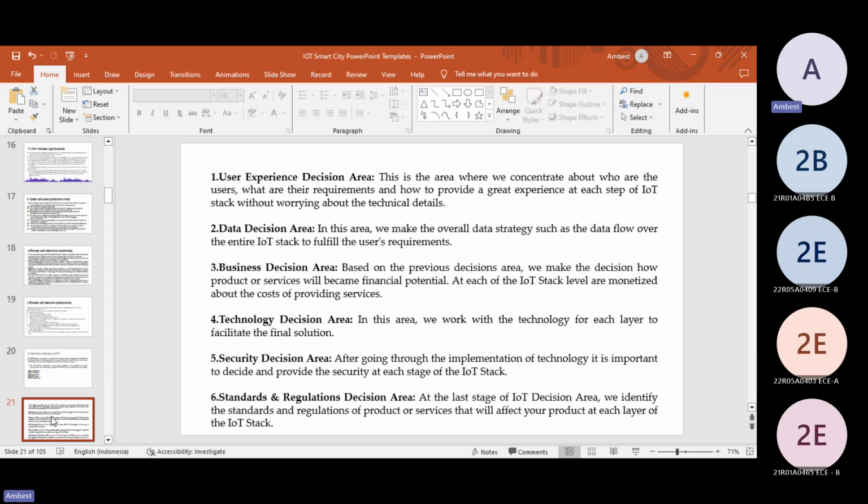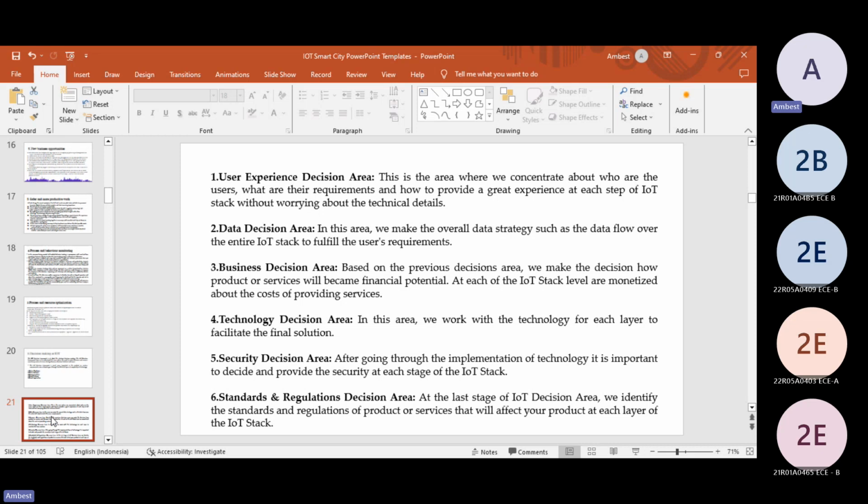The final thing is the standards and regulations area, which is the last stage of an IoT decision area, where we identify the standards and regulations of a product or services that affect the product at each layer of an IoT stack.